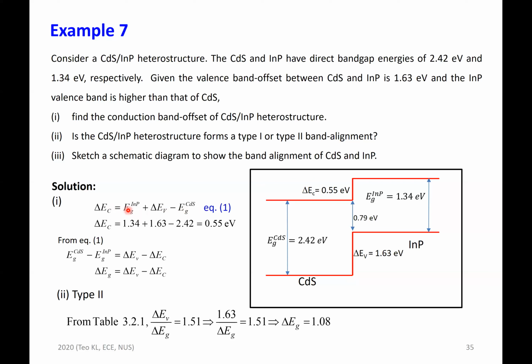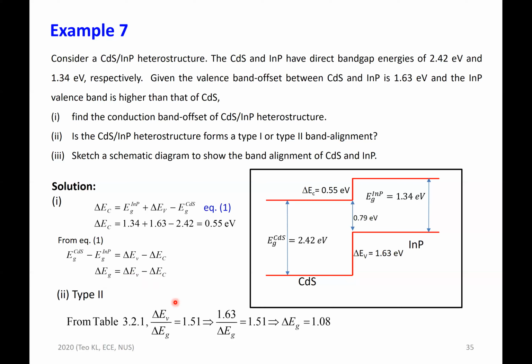Just bring over the term, and you will get delta EV minus delta EC, which is the change in band gap energy for type 2 band alignment. In type 1, remember delta EG is basically delta EC plus delta EV. So this is a type 2 band alignment.